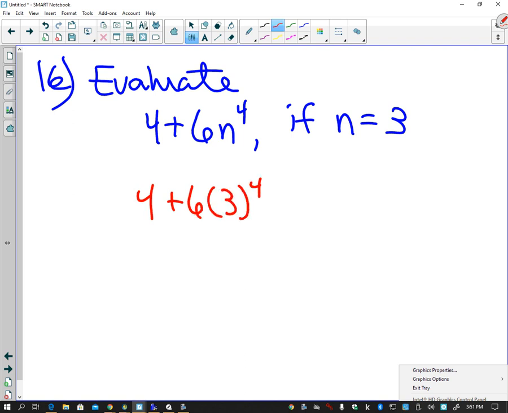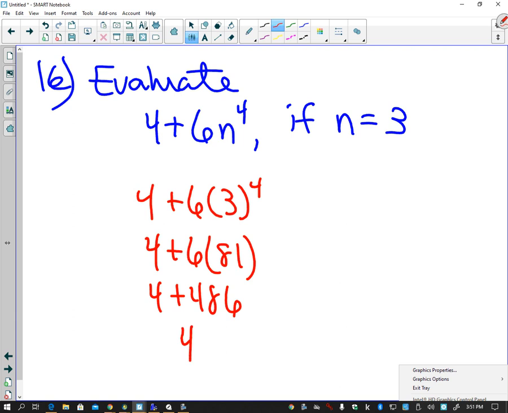The very first thing is order of operations. We're going to find out what 3 to the 4th is, or 3 times 3 times 3 times 3. It is absolutely not 12. 3 to the 4th is 81. Now times 6, so we get 4 plus 486. We should get an answer of 490.